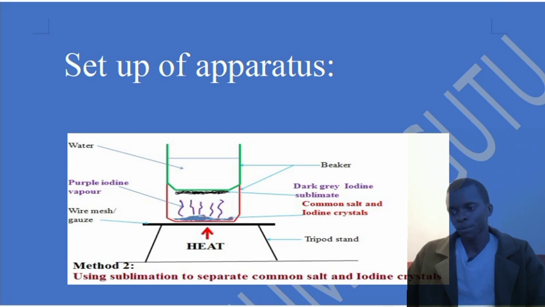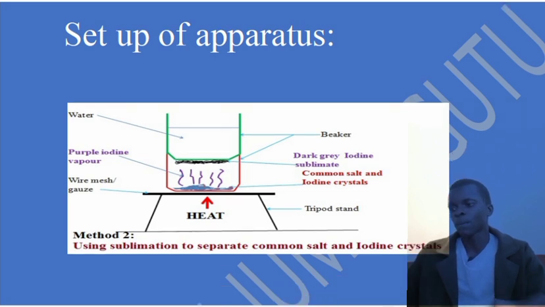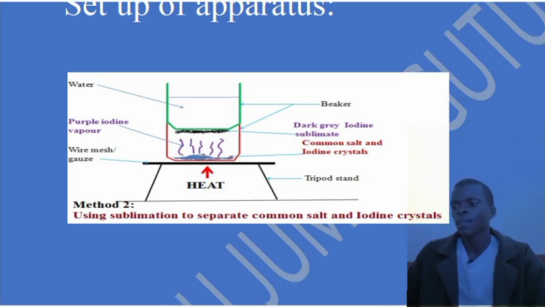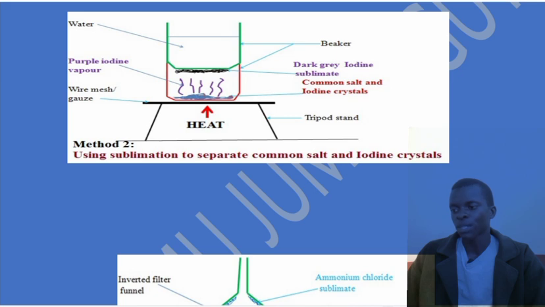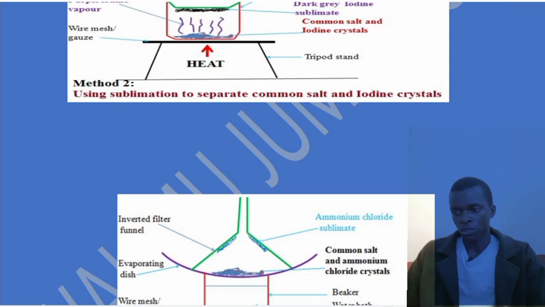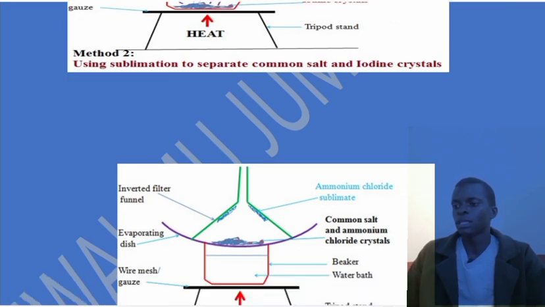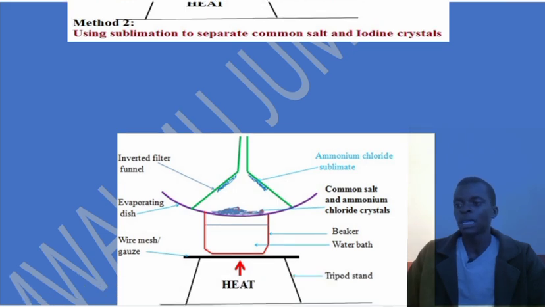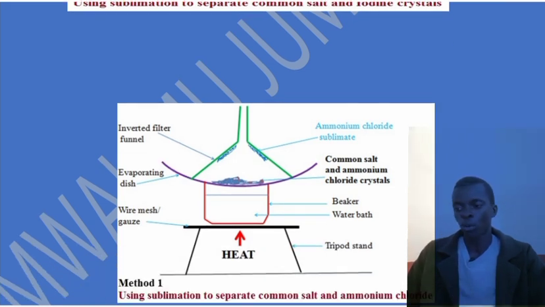Then we have the tripod stand, then the source of heat. In this we are having different experiments. The first one is having iodine and common salt. Then the second one is ammonium chloride and the common salt.